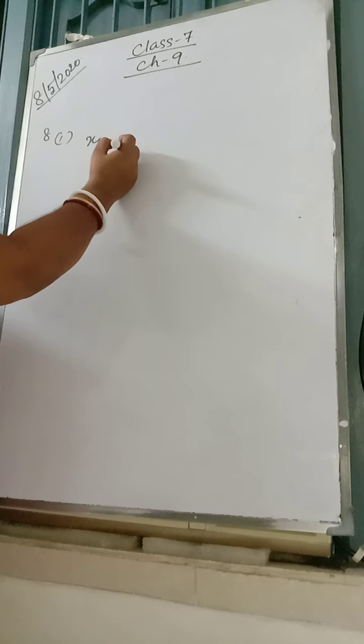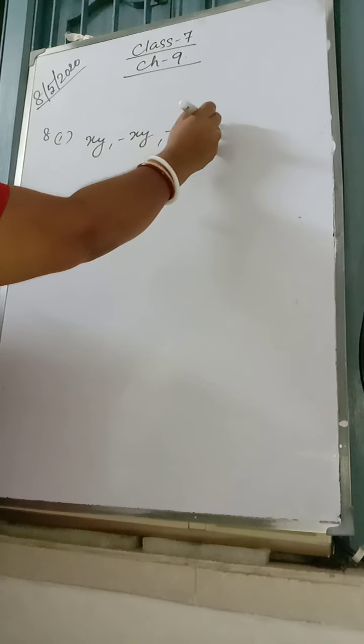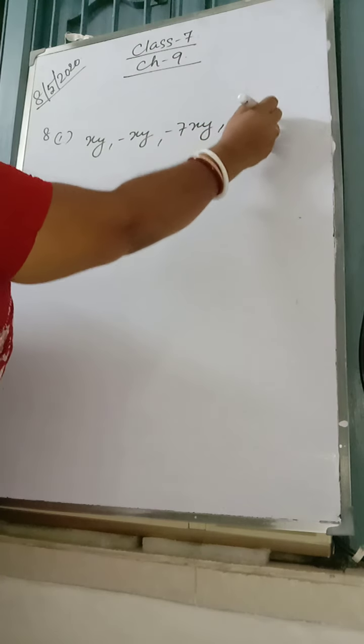xy, then minus xy, that is 1 into xy, this is minus 1 into xy, is a like term only. Then we have minus 7xy and 3xy, they are like terms. Then we have x square y and y square x, only 1.